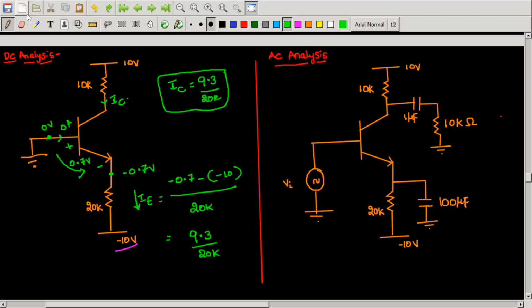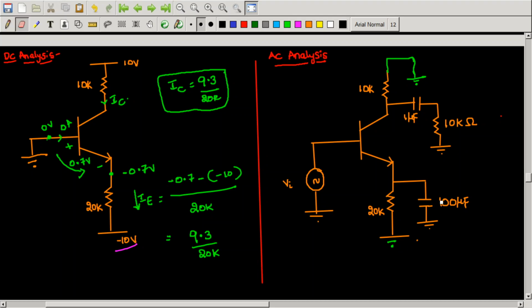Okay. So what does this 10 volts mean? This 10 volts means it is connected in this way. This is 10 volts. Now if I short this 10 volts, I should short it in AC analysis, right? I will simply short them. So this terminal will be grounded. Similarly, this terminal will also be grounded.